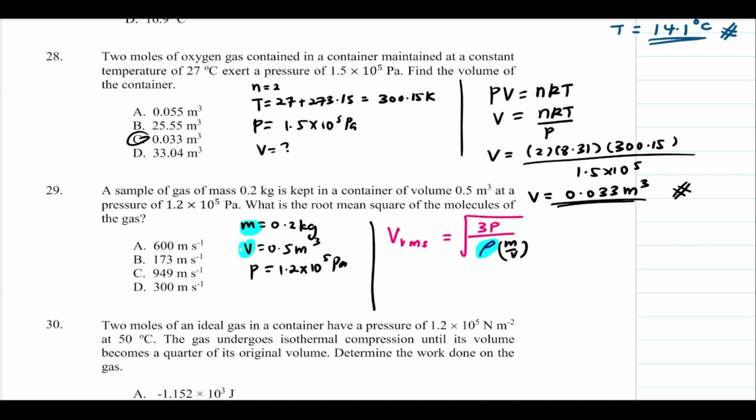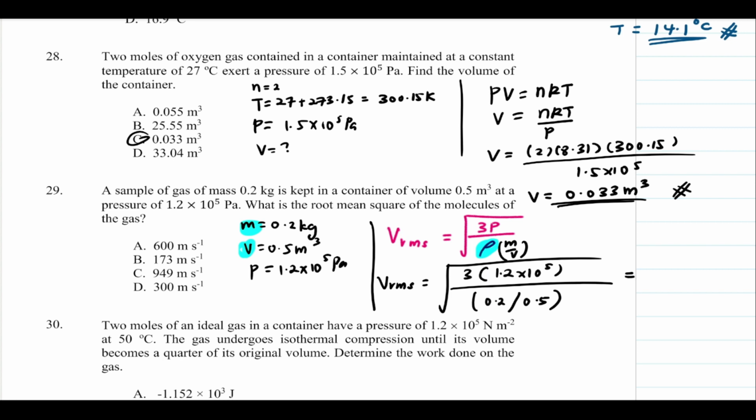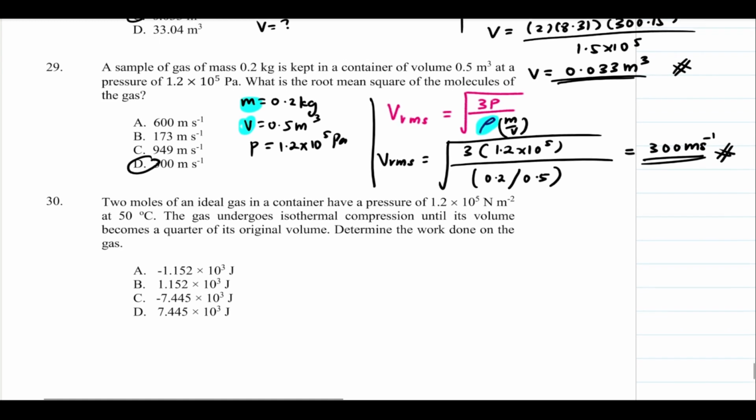Ataupun nak kira masukkan terus pun boleh. Dia akan jadi pressure adalah 1.2 exponent 5 over density dia adalah mass 0.2 bahagi 0.5. So vRMS dia akan dapat 300 meter per second. Okay, very simple.